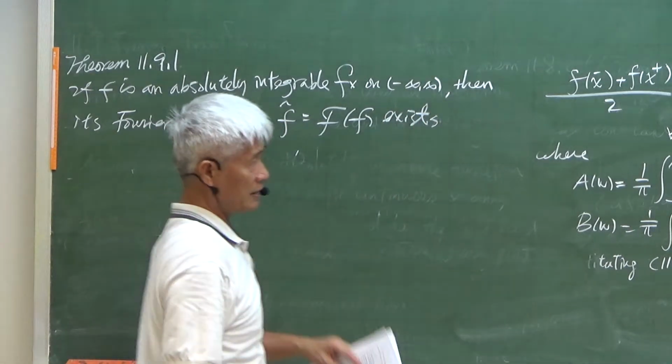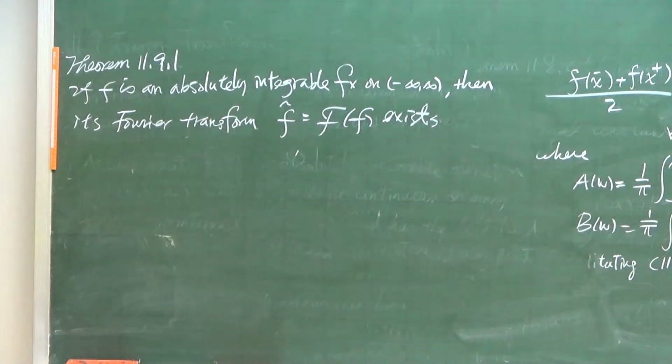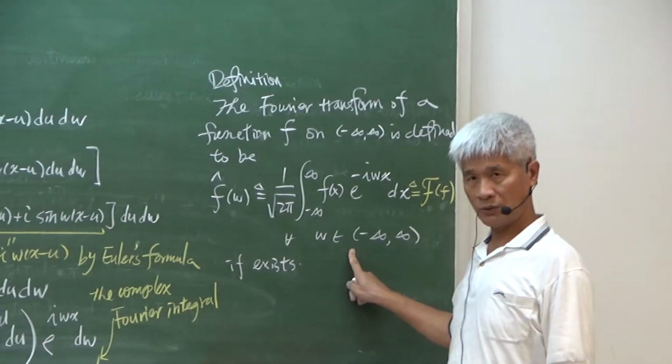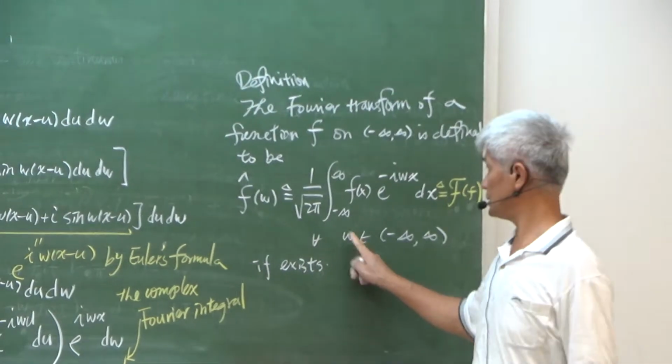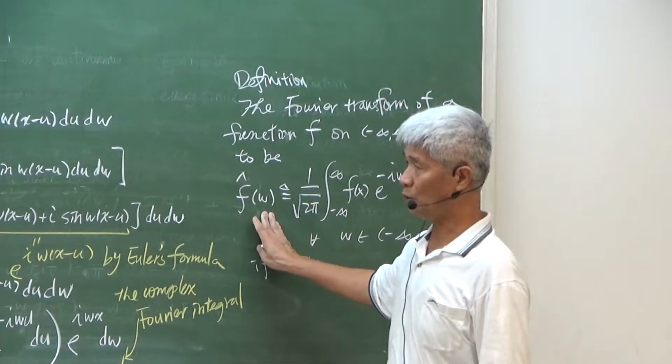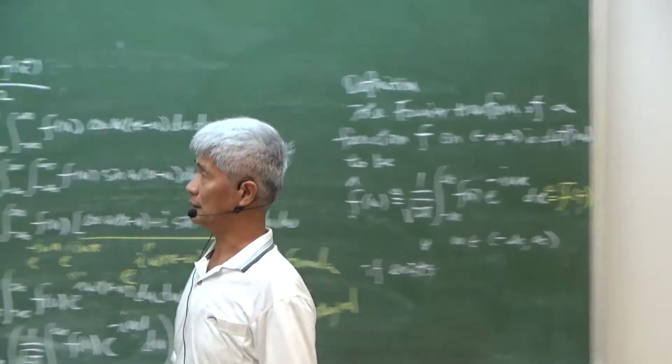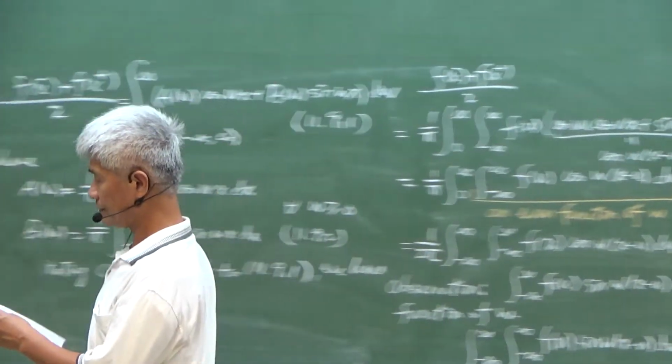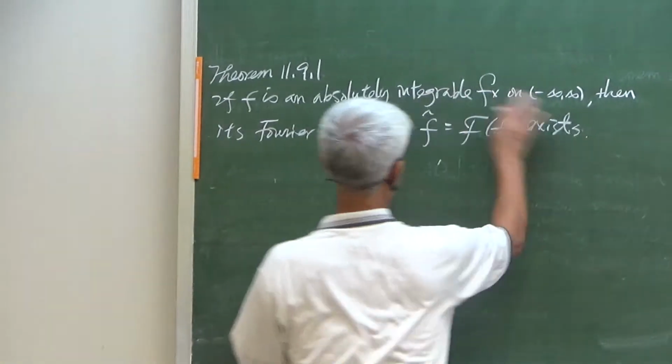Exists means that we get a function which is defined over the whole real line here, right? Because this should be true for all w in the real line. Alright, so the first statement.